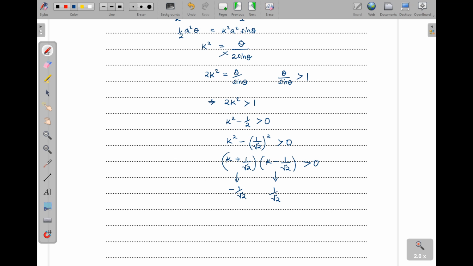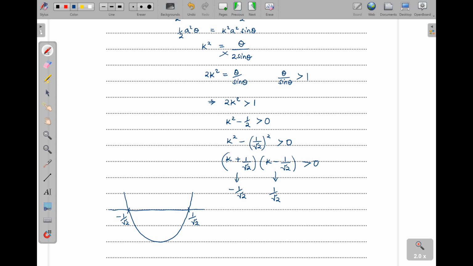Now, since the coefficient of k squared here is positive, that means I'll have a U-shaped curve, and these are the critical values: negative 1 over root of 2, and also 1 over root of 2.